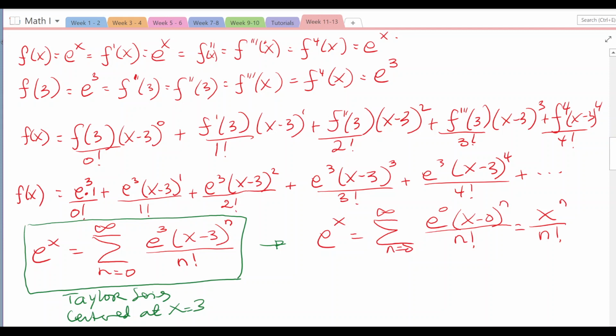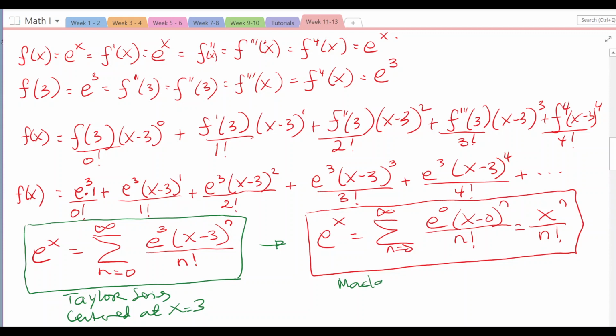That's it. This is our Maclaurin series for the function f of x equals e to the power of x, centered at 0.